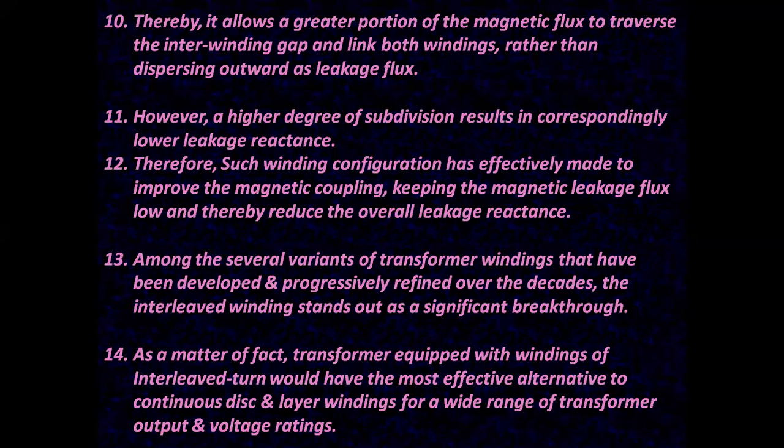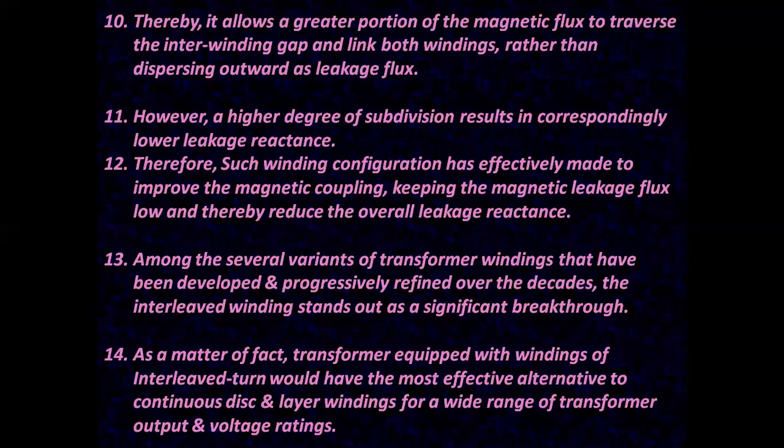11. However, a higher degree of subdivision results in correspondingly lower leakage reactance. Therefore, such winding configuration effectively improves the magnetic coupling, keeping the magnetic leakage flux low and thereby reducing the overall leakage reactance.